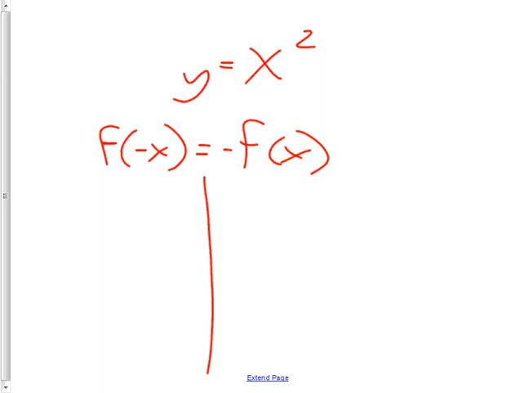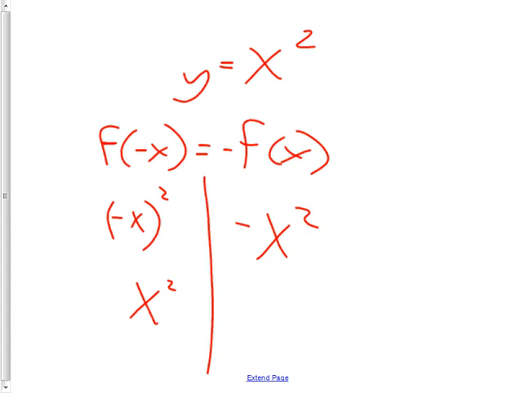On this side, I'm going to show you f of negative x. I'm going to make the normal function with an empty spot, and then I'm going to drop that in. When it's negative x quantity squared, that'll be negative x times negative x, which is positive x squared. Okay? And then over here, the opposite of whatever the function was. Well, the function was x squared. Opposite, just throw a negative in front of it. You see how that's not equal to that? Therefore, I've proven it's not odd.